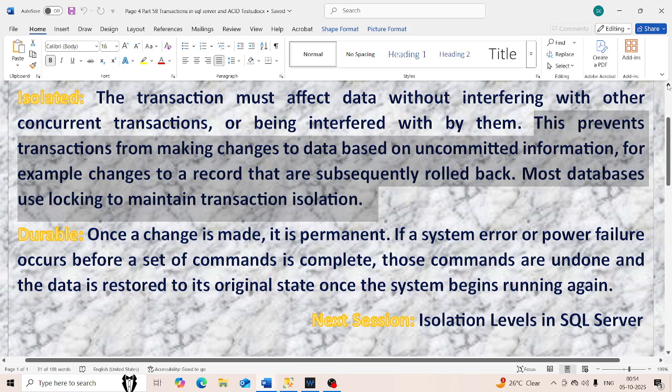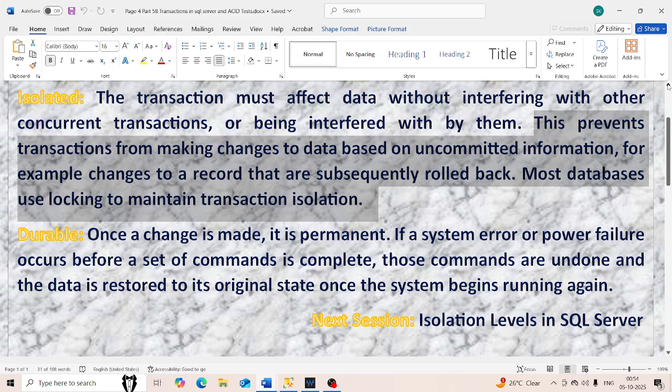And this is pretty simple to understand. Once a change is made to a database, it is permanent. If a system error or power failure occurs before a set of commands is complete, those commands are undone and the data is restored to its original state.